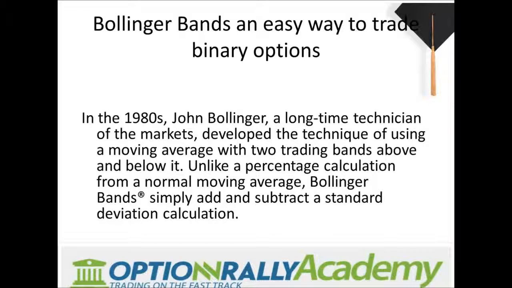Bollinger Bands were developed in the 1980s by John Bollinger, and they were developed before the Forex markets. They were really developed for day trading in the commodities markets, and they are a process or a series of moving averages. Now, you can take all kinds of moving average strategies.